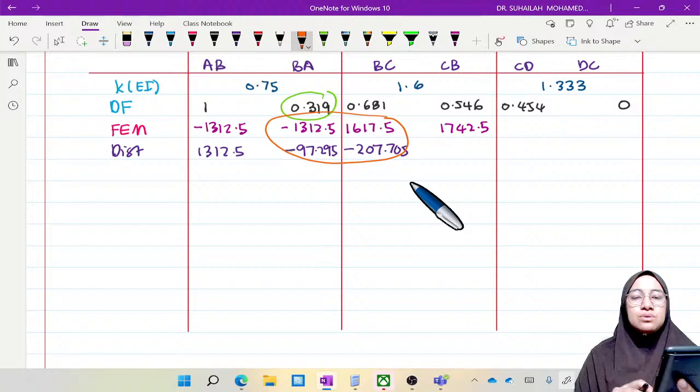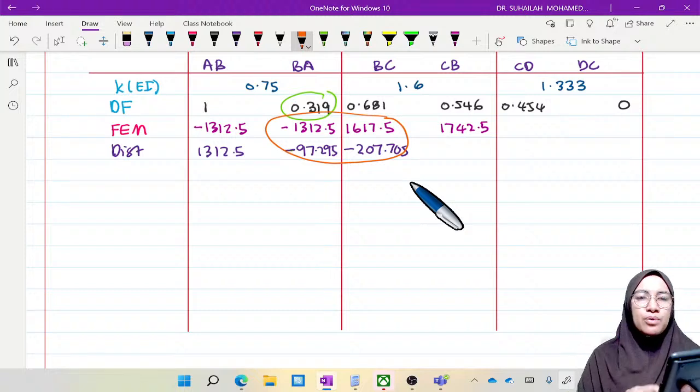So we check: negative 1312.5 plus 1617.5 minus 97.295 minus 207.705. It should be 0.